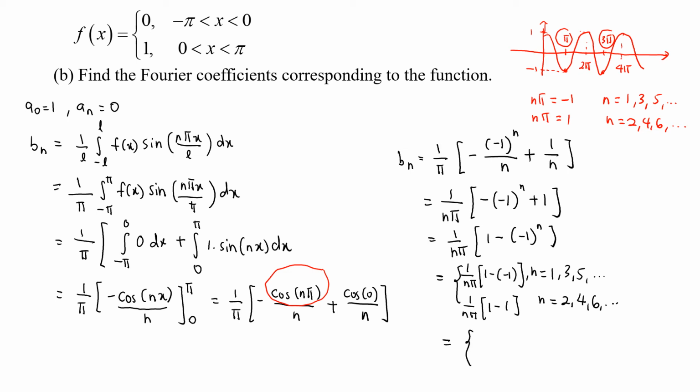So we rewrite this, we will get 2 over n pi, where n is an odd number, and it is equal to 0 when n is an even number. So this is the value for the coefficient b sub n.